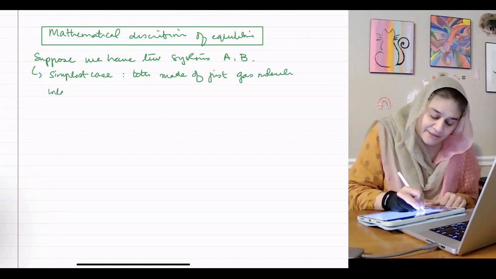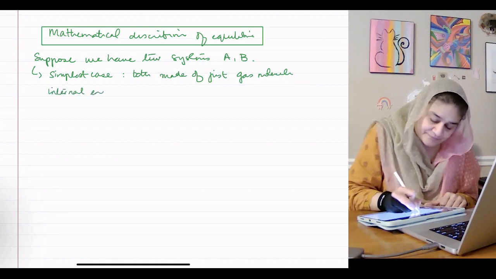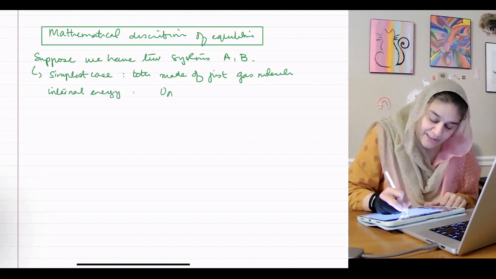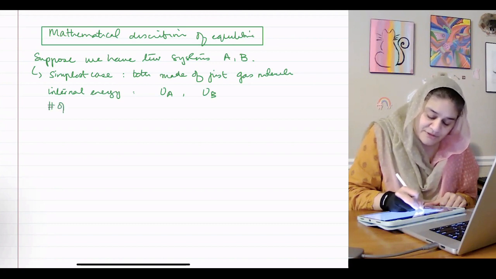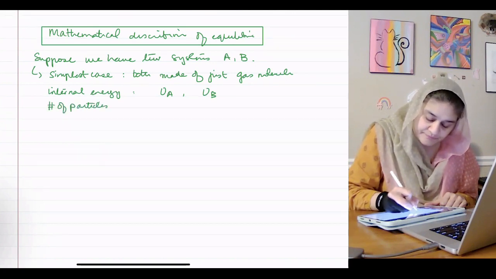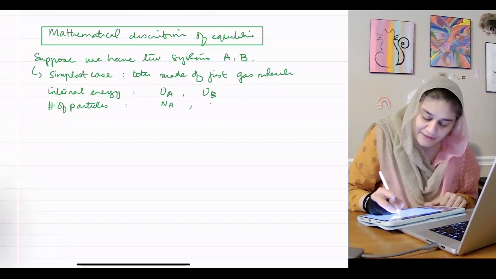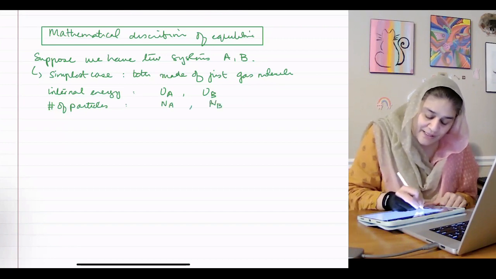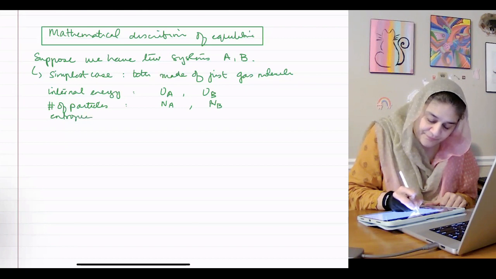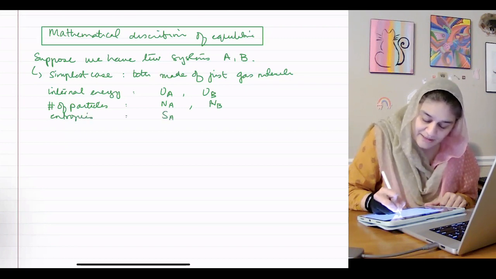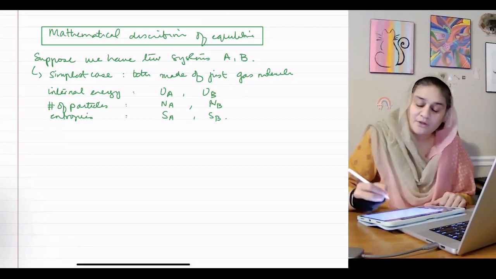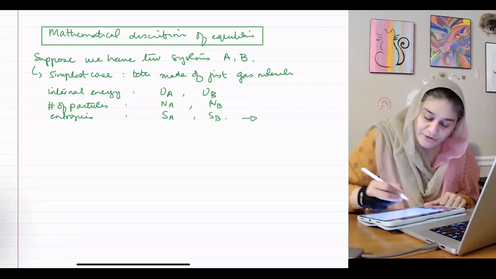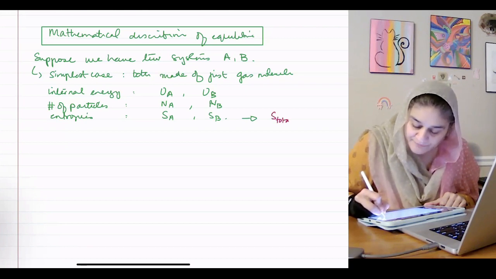And internal energies of each are UA and UB. The number of particles are NA and NB, and entropies are SA and SB. We can also say that our total entropy is just the sum of SA and SB.